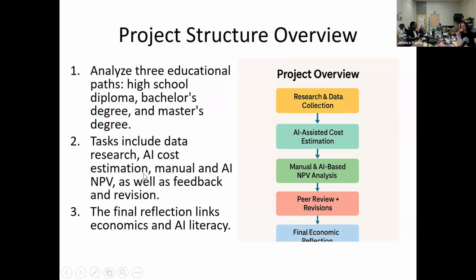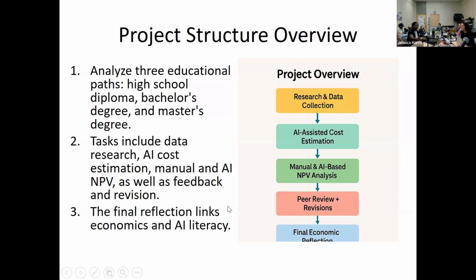So high school, if you didn't pay anything, then it's going to be 0. Bachelor's degree, you incorporate whether you have funding and all of that. So it's going to be your personal story. And then a master's degree, it depends on your assumptions, whether you're going to go to an Ivy League school, all of that has to go into your cost estimation.